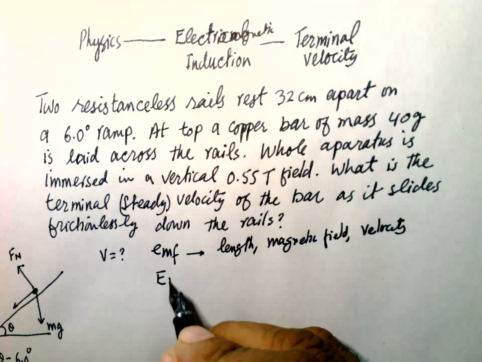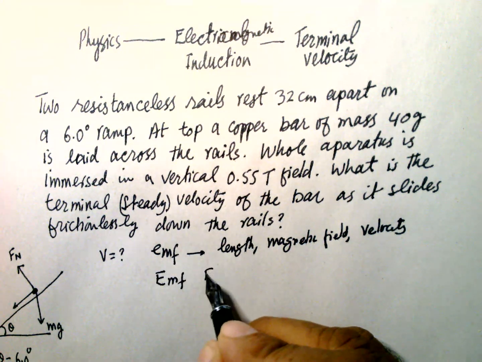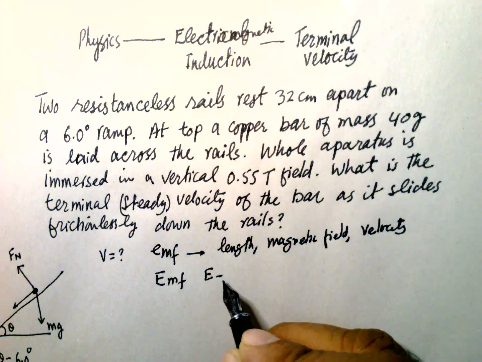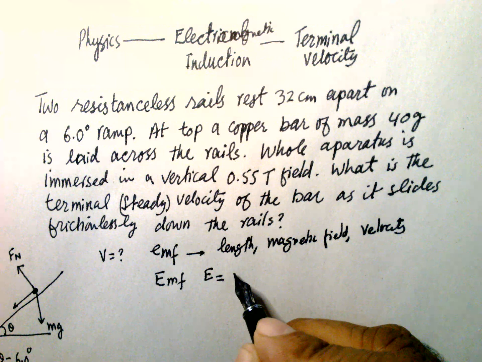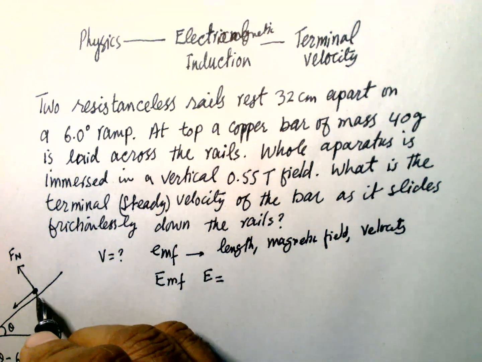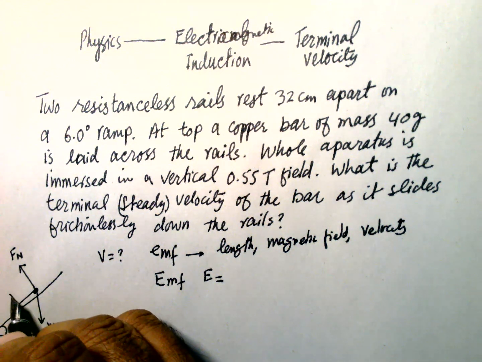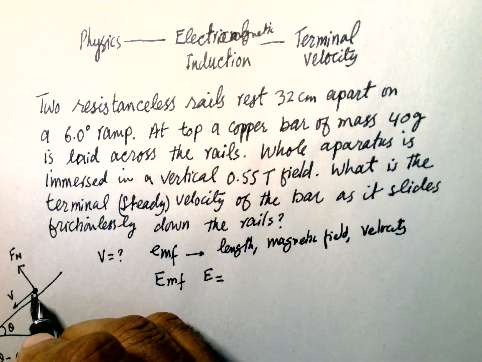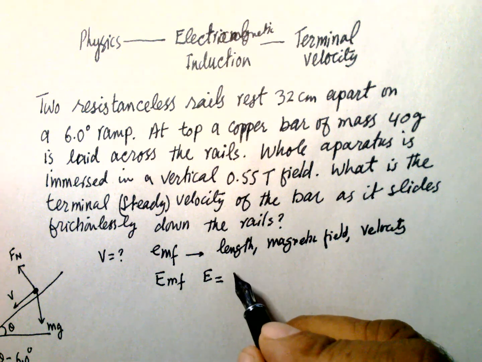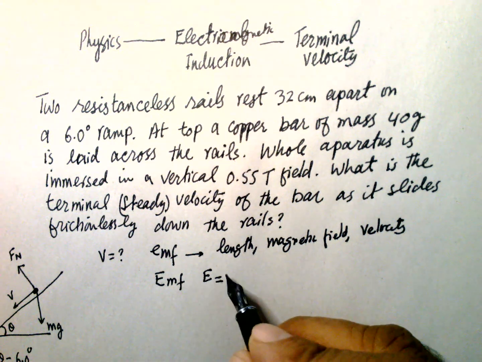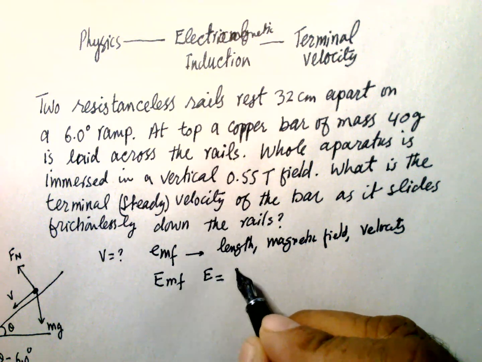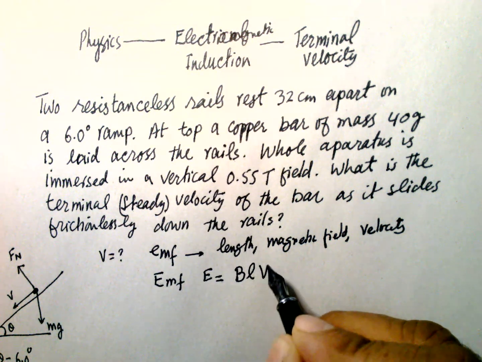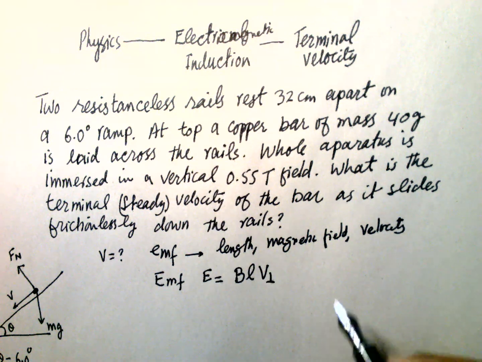So EMF E is equal to the component of the velocity which is perpendicular to the magnetic field. So that will be equal to B L V perpendicular.